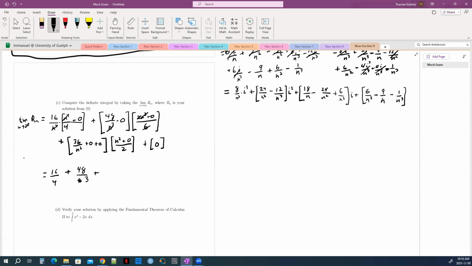Plus, here our n squares are going to cancel, and our 2 is going to cancel with the 36, or 36 over 2 plus 0, which is going to equal 4 plus 12 plus 18, which is going to equal 34.